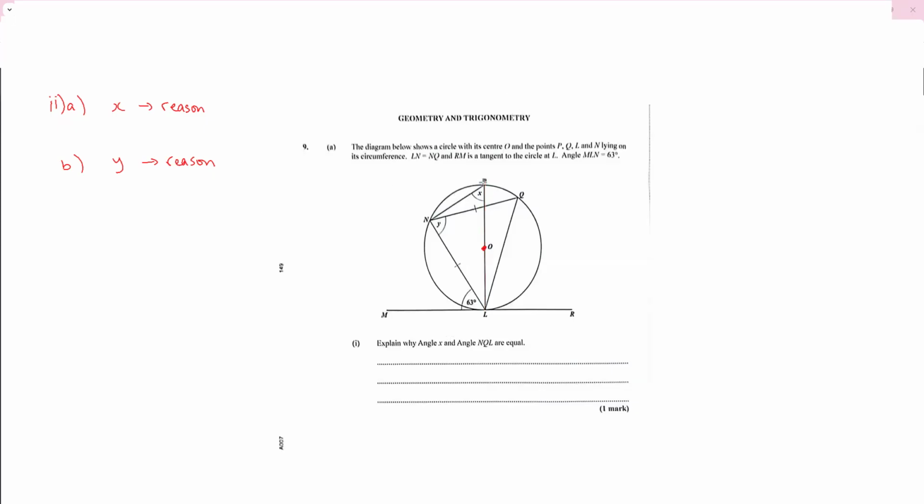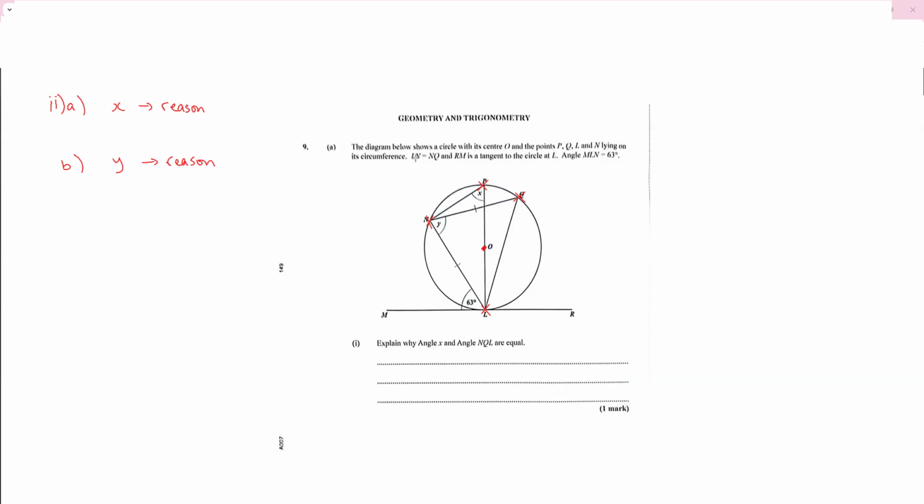They said points P, Q, L, and N are all lying on the circumference. So if they're all lying on the circumference, just a little connection, we could connect all of those points and form a cyclic quadrilateral. Just saying, right? I'm just linking information.